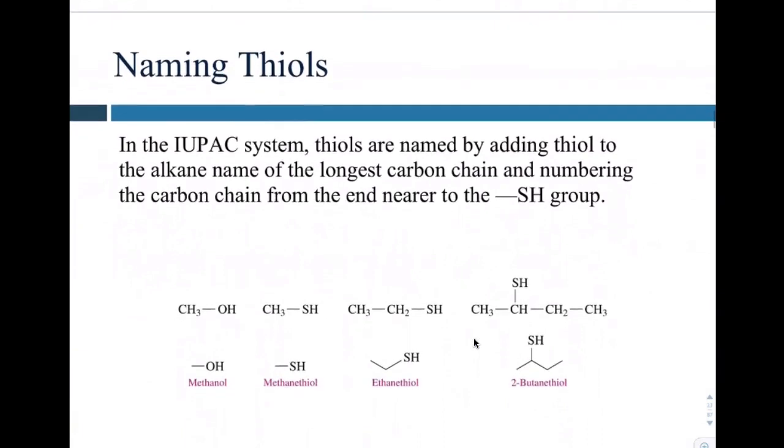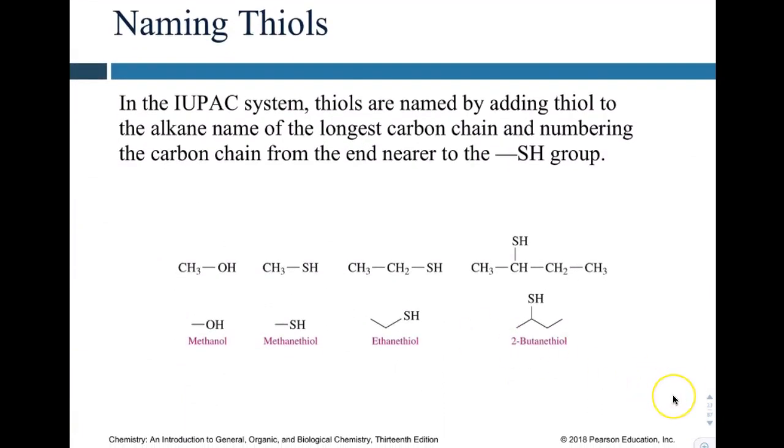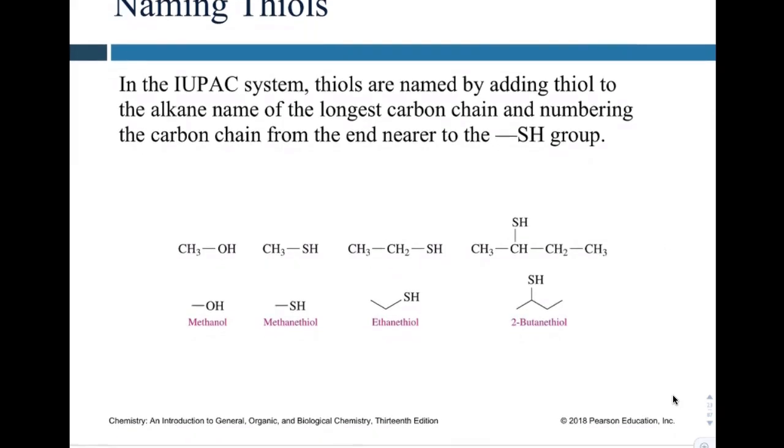So how do we name thiols? We name thiol just like we would name an alcohol. Instead of putting an "ol" at the end, we're actually just going to leave the whole name and say thiol. So methane becomes methanethiol. Ethane becomes ethanethiol.